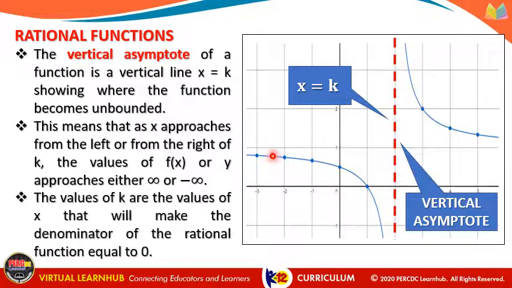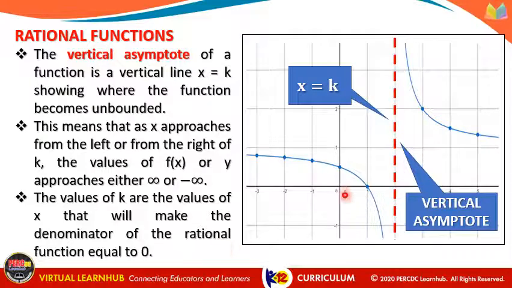Now, ano naman itong k na ito? Ito yung gagamitin natin mamaya para ma-solve at mahanap yung vertical asymptote. So, sabi dito, the values of k, this one, are the values of x that will make the denominator of the rational function equal to 0.